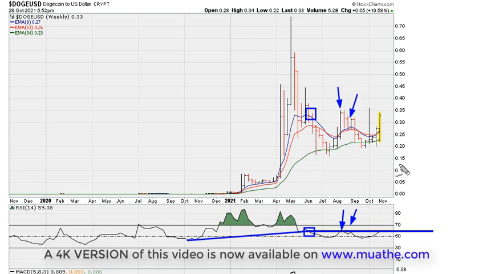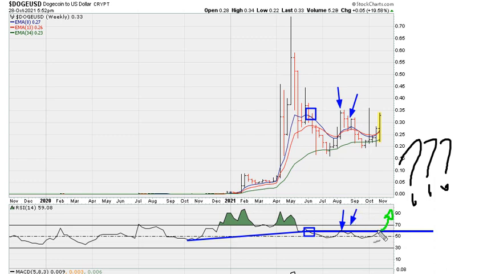This could end up being a resistance area, and also respect the power of the market if it can clear this blue line. Resistance around here means that we are actually setting the stage for a reversal.